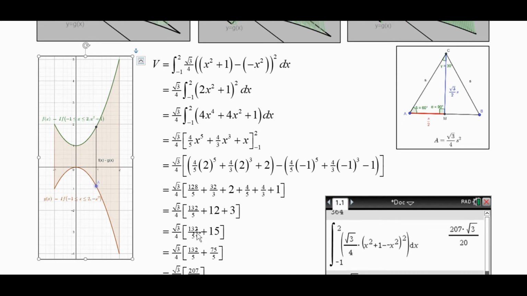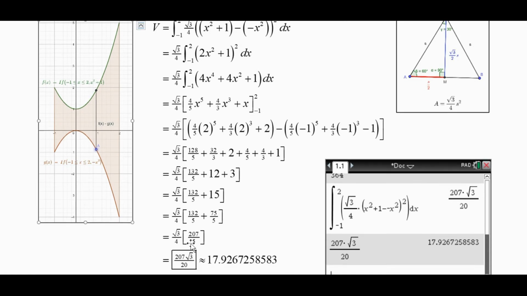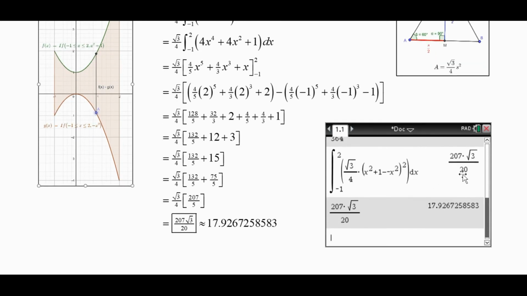Now I need to get a common denominator to put these two together. Of 5, so multiply top and bottom of 15 over 1 by 5, that's 75/5. Add that to that, that's 207/5. And then there's not going to be any canceling here, so you just multiply the 4 times 5 is 20 in the bottom, and 207 times square root of 3 in the top. So our exact answer is 207 square root of 3 over 20, which you can see is what I got here on the calculator, and I let the calculator approximate that for me at 17.92672585383.